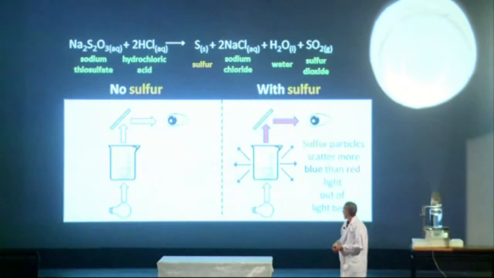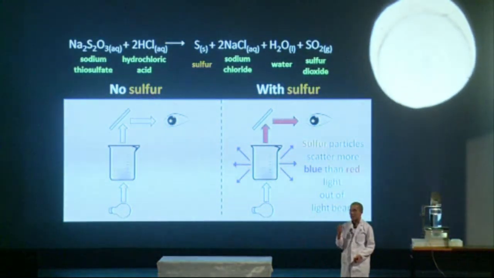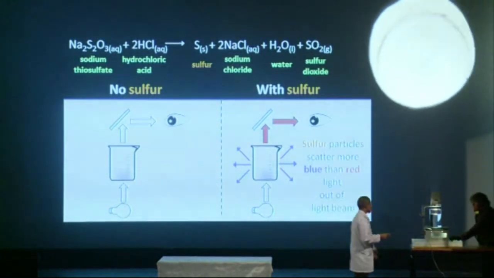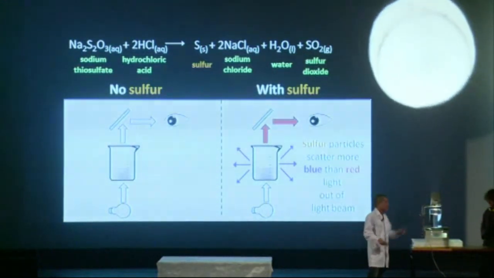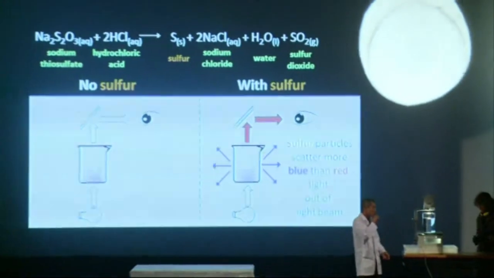I'm going to illustrate this scattering effect using a chemical reaction that produces tiny particles that scatter light, just like the tiny particles in the Earth's atmosphere. So here we have a beaker containing hydrochloric acid, which is a clear, colourless solution.